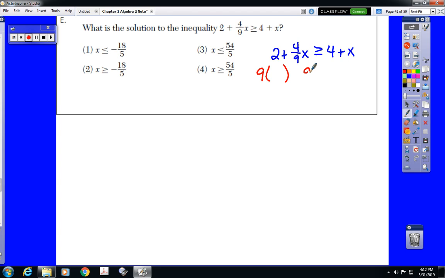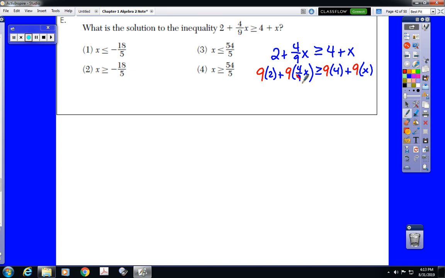So we're going to do that by multiplying everything by 9. Okay? So 9 times 2 plus 9 times 4/9 x is greater than or equal to 9 times 4 plus 9 times x.